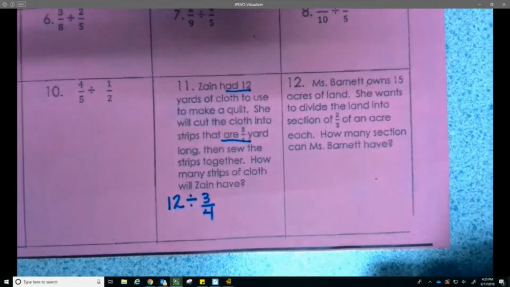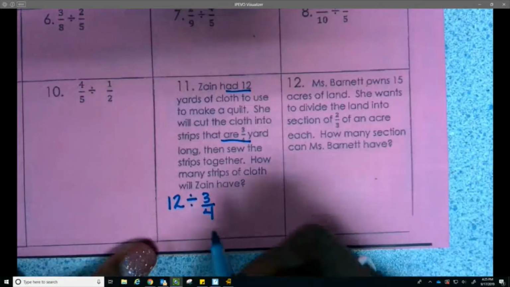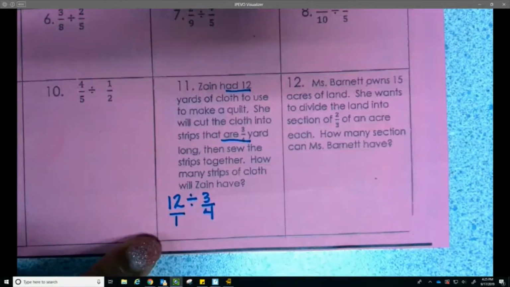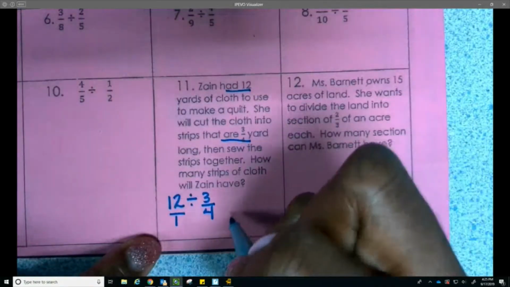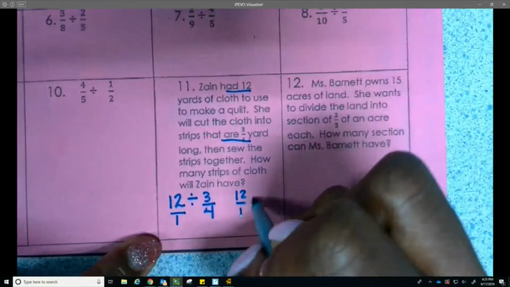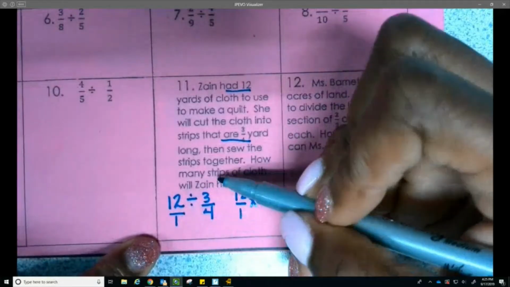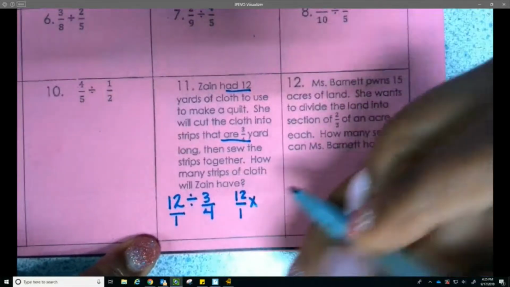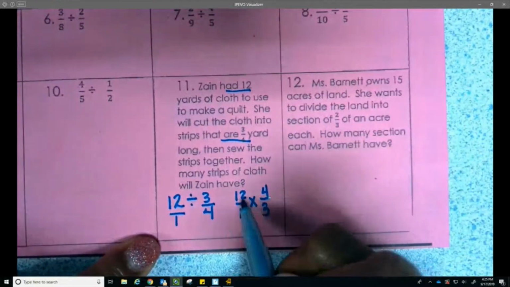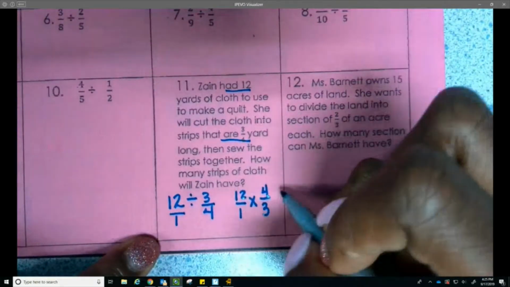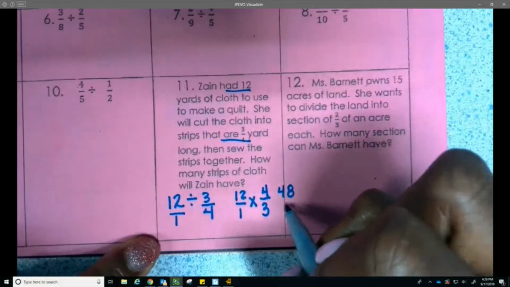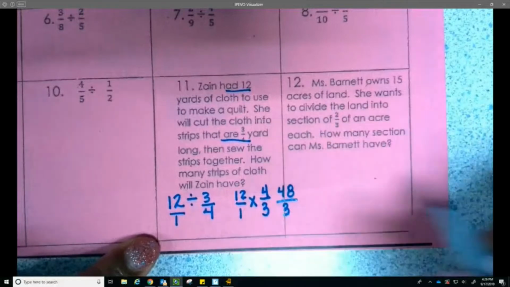But remember, when we divide fractions, we keep the same first fraction, which is 12 over 1. We change the sign to multiplication, and then we take the reciprocal of the second fraction, which 3/4 is now going to be 4/3. 12 times 4 is 48. 1 times 3 is 3.